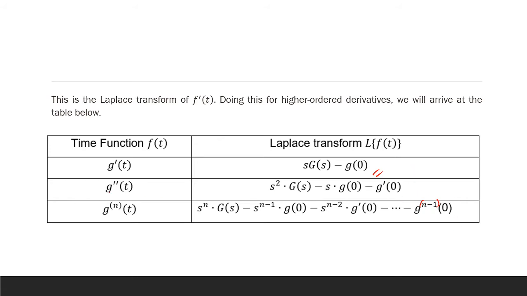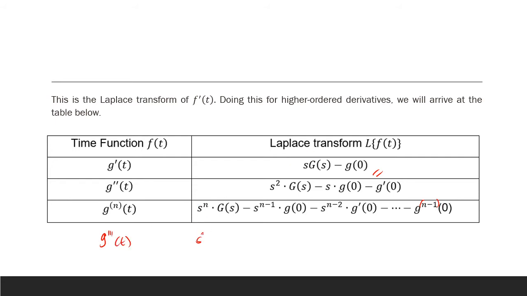So, let's say for example, we have g triple prime and then substitute lang natin yan dito. We have s cubed times G of s minus s squared g of 0 minus s g prime of 0 minus g double prime of 0. So, based from this, lagay tayong example. Let's say for example, g triple prime of t. Ano yung Laplace transform na?